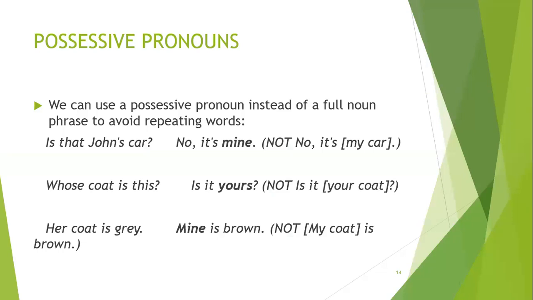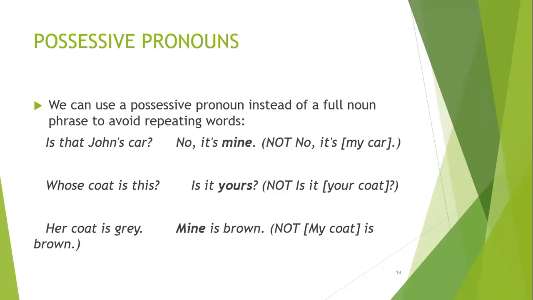Now we can use a possessive pronoun instead of a full noun phrase to avoid repeating words. So this is one of the ways that you can use a possessive pronoun. So is it John's car? No, it is mine. Mine here is first person possessive, and it's replacing my car. Somebody asks, is it John's car? You don't say no, it is my car.